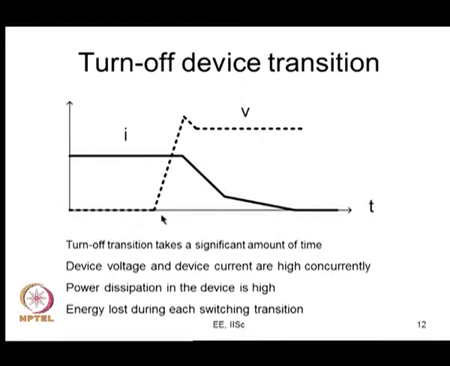So, you would have turned off somewhere here, and after a certain TD off delay time, you will see that the voltage is rising, and after that you see that the current is falling, maybe first falling sharply and then falling more gradually. So, there is a certain time interval you need to wait, that is, after your gating signal has been turned low somewhere here, it is here that the device fully turns off.